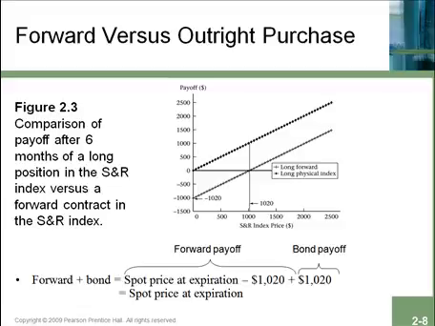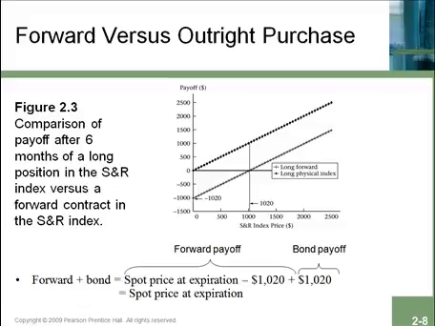So is there any way that we could make the two positions more equivalent? That is, the forward contract versus the outright purchase of the stock index? The answer is yes, we can. We can combine the forward contract with a position in a risk-free bond.